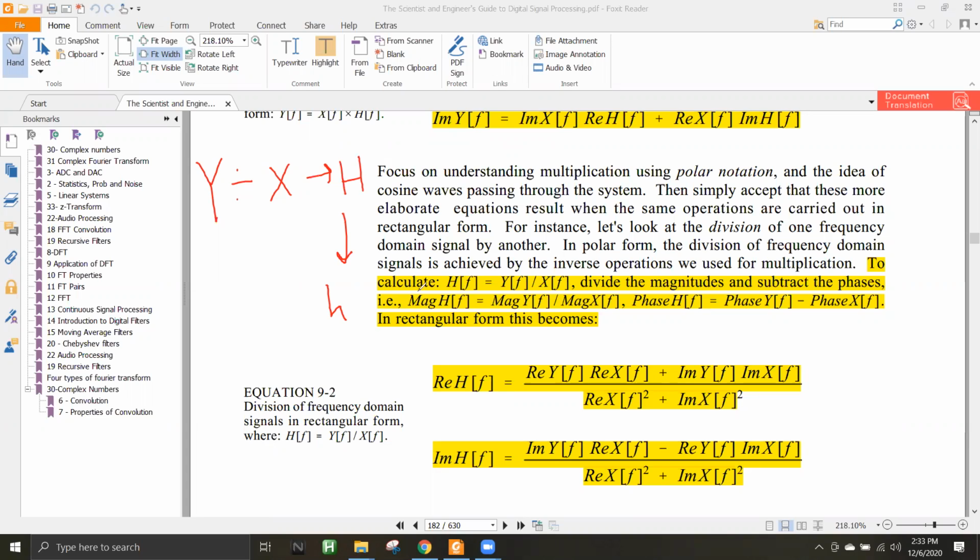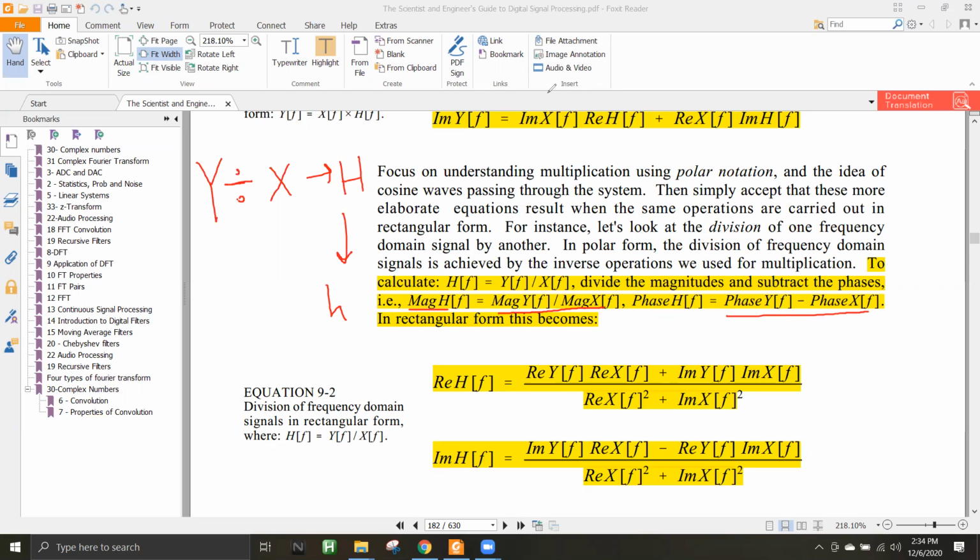So in that case, we are talking about the division. So how do you perform the division for complex numbers? In that case, the magnitude would get divided and the phase would get subtracted. Okay, so this is just the inverse operation of multiplication, as we have said.